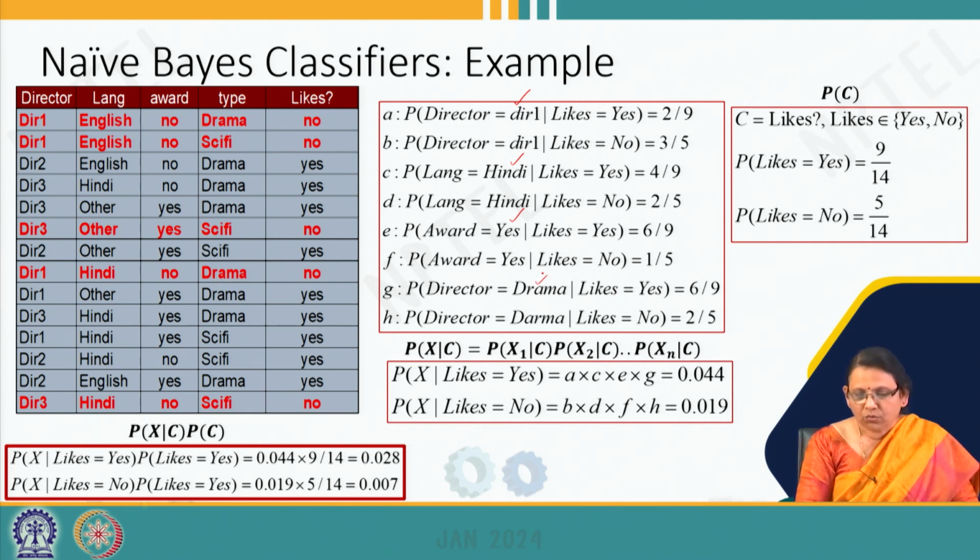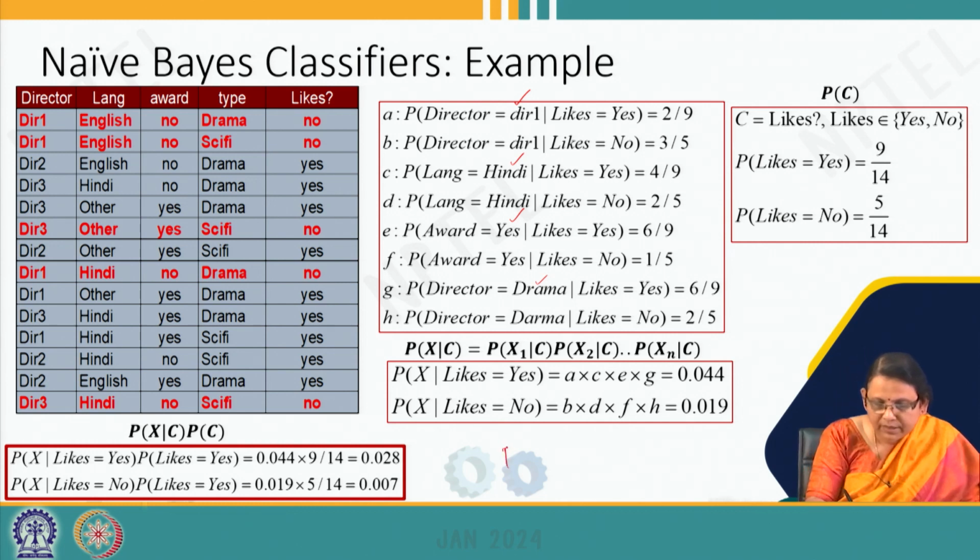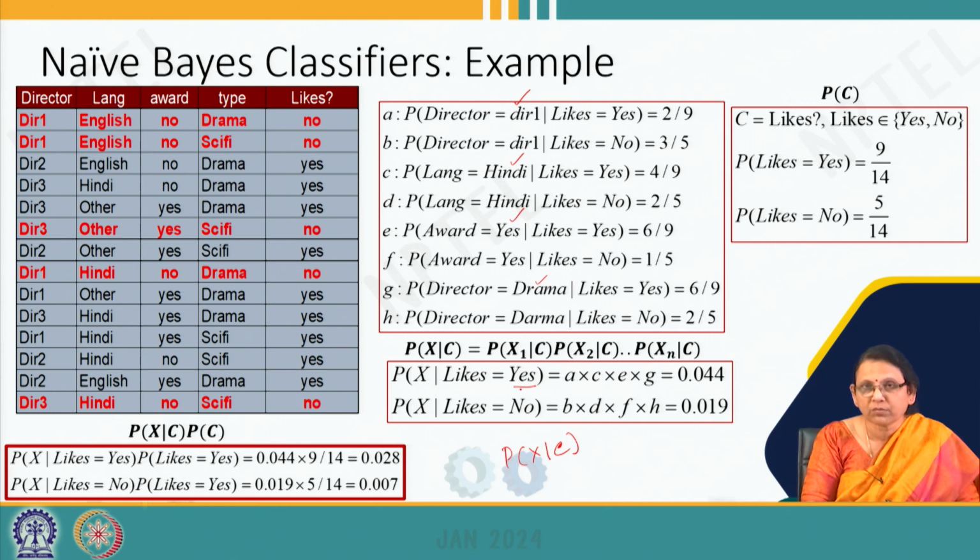What are we going to determine? We are going to determine the probability of X given C. This C can be yes, so for yes we have to compute it.